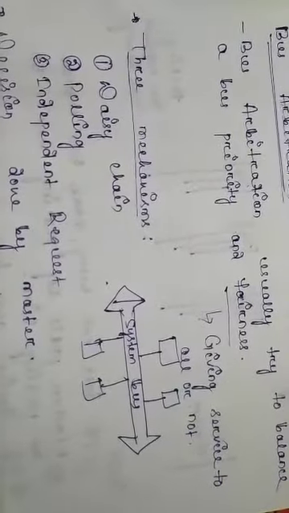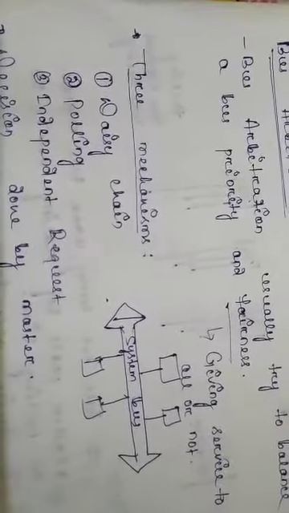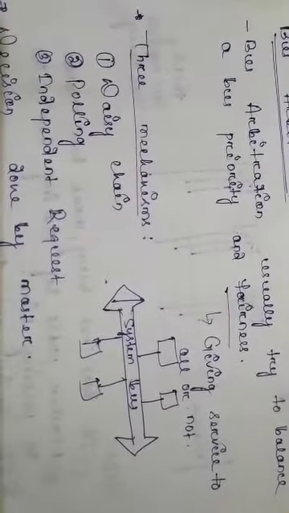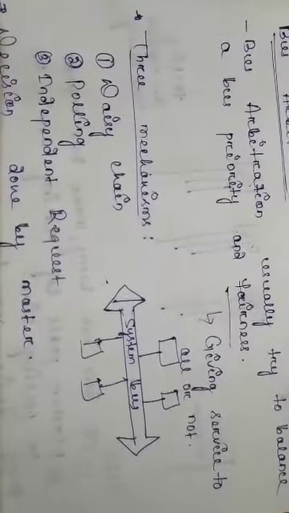And how does it do that? The bus master selects the devices by establishing a priority system. It decides on the basis of priority.